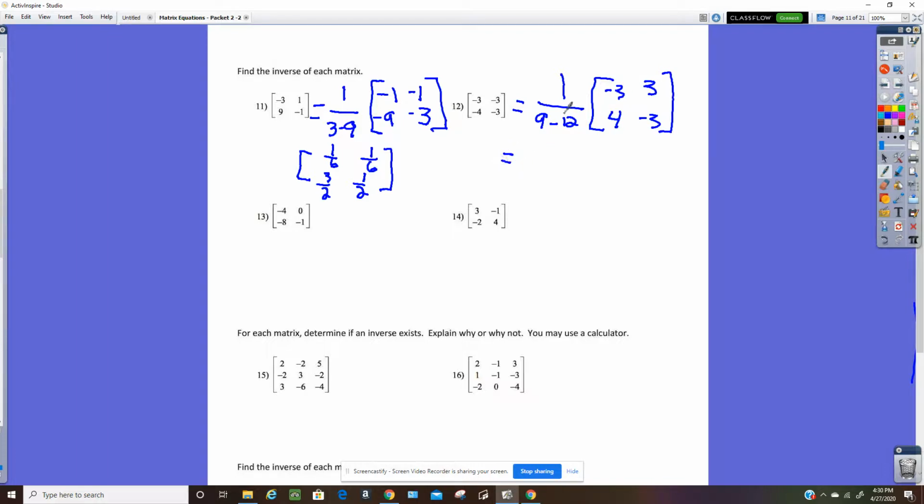So this is 1 over negative 3, so negative 1/3 times every entry is 1, negative 1, negative 4/3, and positive 1.